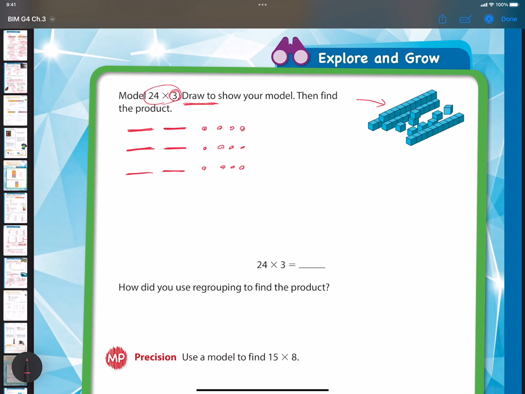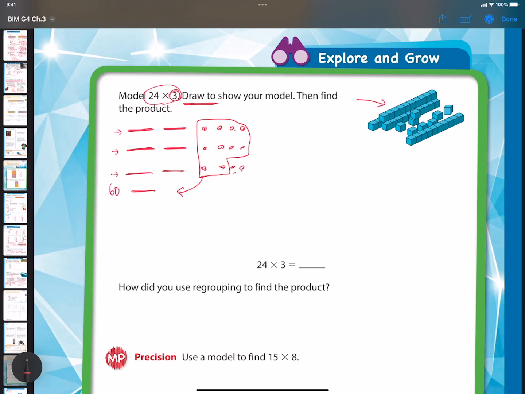And another 2 tens, and 1, 2, 3, 4 ones. Now we are going to find the product. Since this is 20, 40, and 60, so 60. And then let's see, 1, 2, 3, 4, 5, 6, 7, 8, 9, 10. So this is going to be turned into what? 1 ten, and then how many left over? 1 and 2.